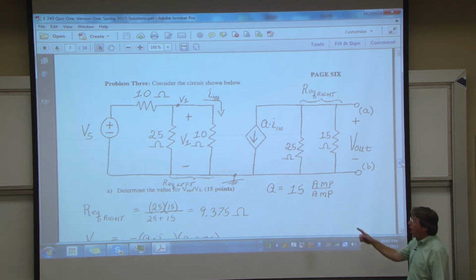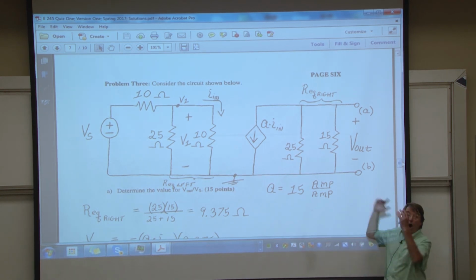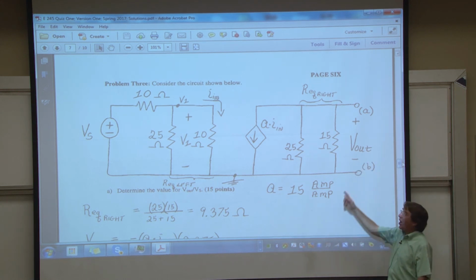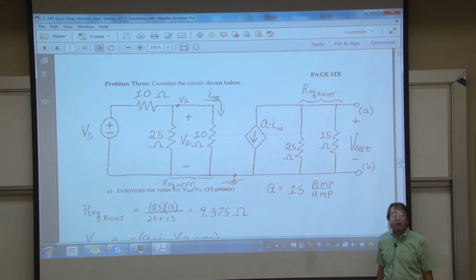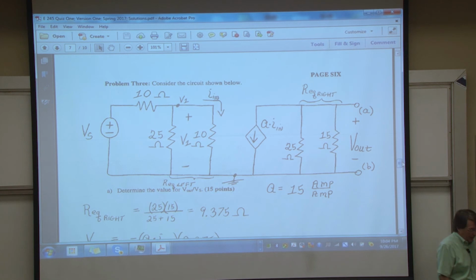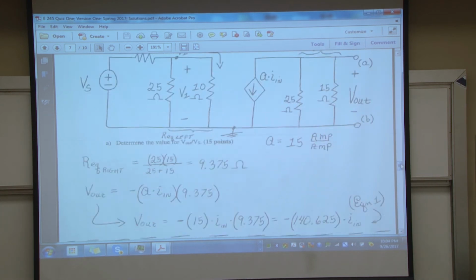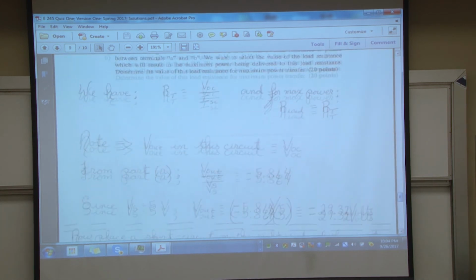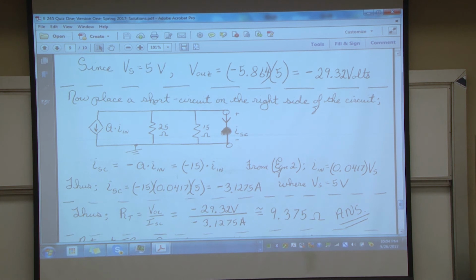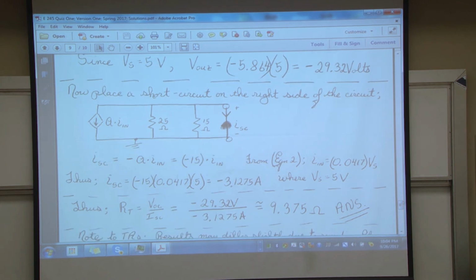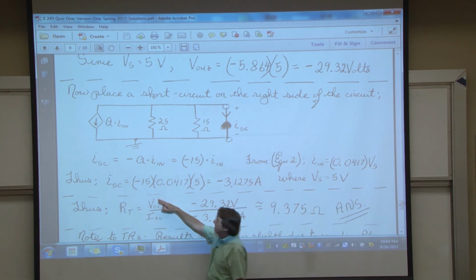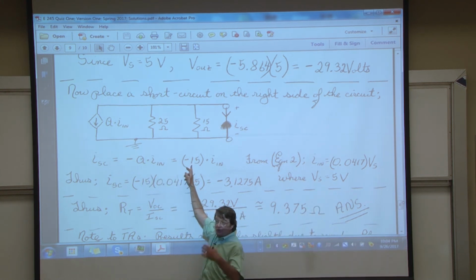So that means all this current, Christina, all this current is going through the I short circuit, which is minus A times I in. So I short circuit is minus A times I in. Now, I know what A is. That was given.